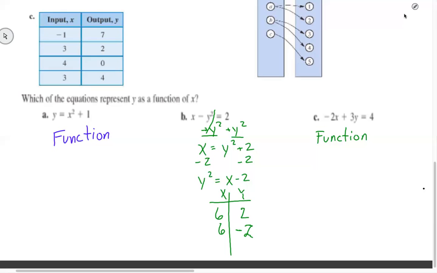See how I'm messing with the y in B? See how it's y squared? That's something you haven't seen before. It should make you think, something's a little funky about this. Maybe I need to slow down and check it out. That's why, Abby, it's not a function. Because when I pick 6, y could either be 2 or -2. I don't know which one.